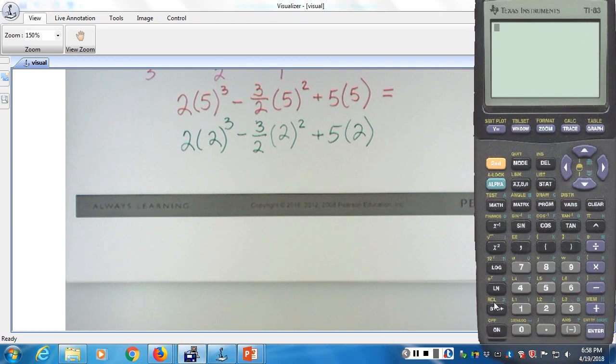So 2 times 5 to the third power minus 3/2 times 5 squared plus 5 times 5 is 237.5.